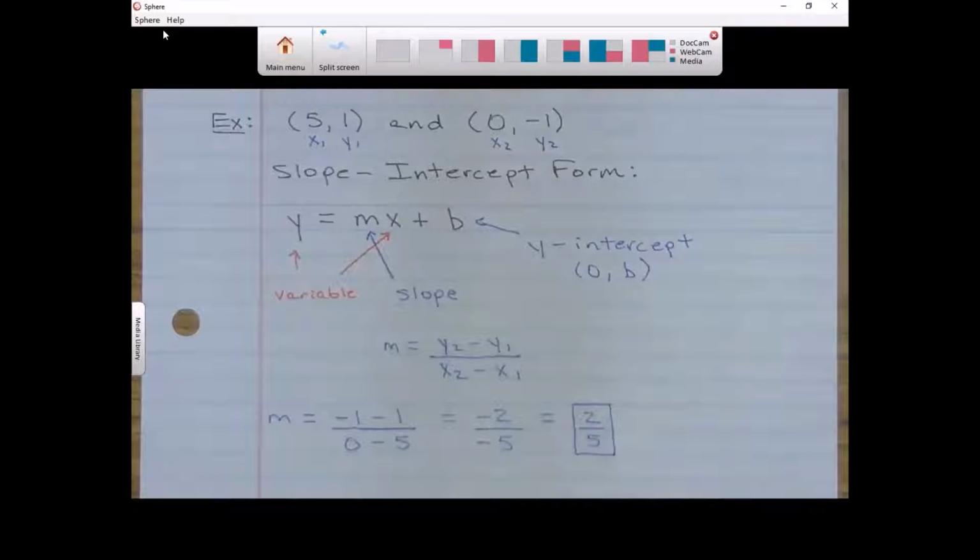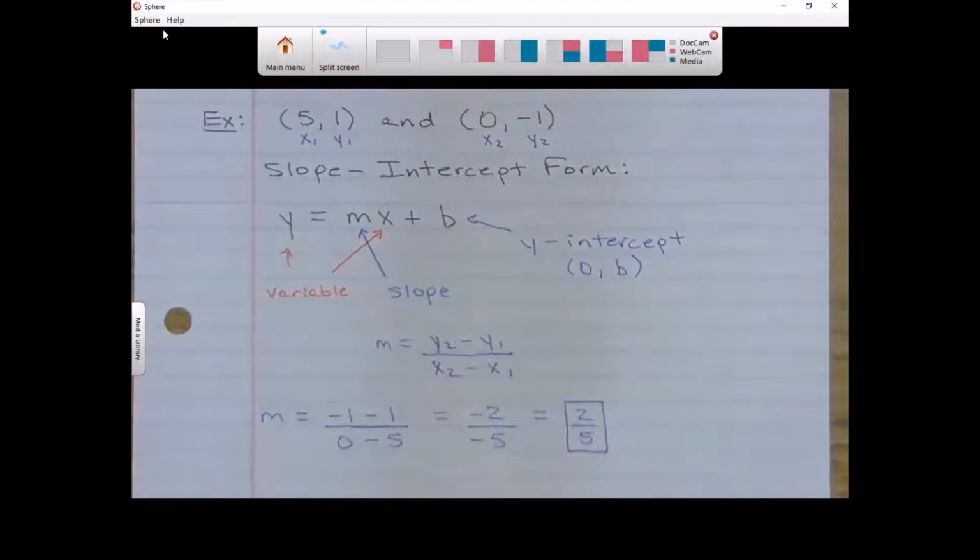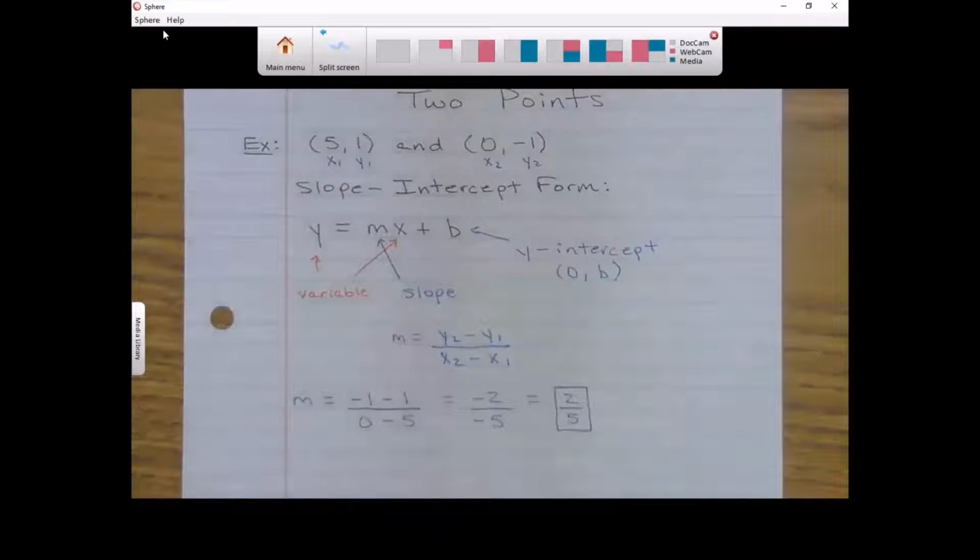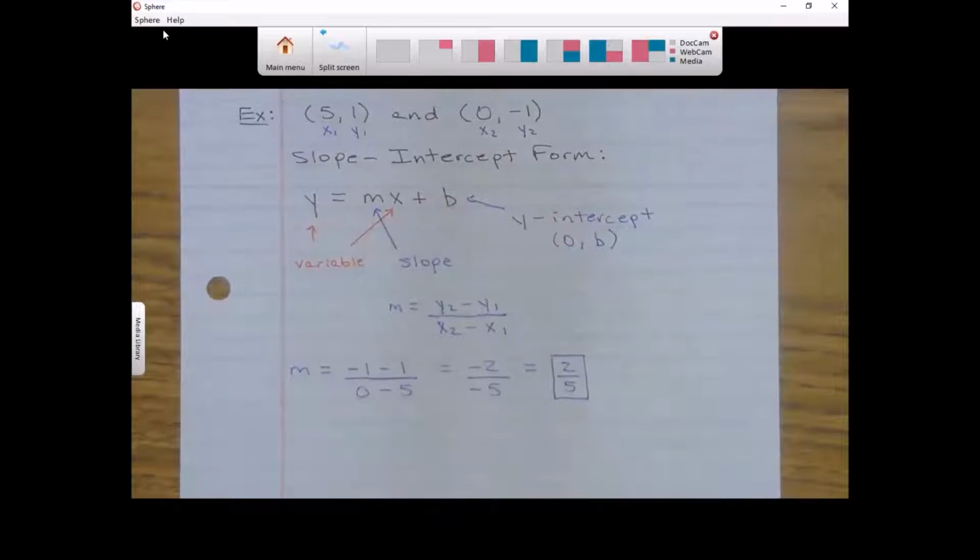The next thing that we want to do is find the y-intercept. And the way I'm going to do that is I'm going to start plugging in numbers for y equals mx plus b. We're going to take the slope and we're going to take 1 point and we're going to substitute into this formula right here, the y equals mx plus b.